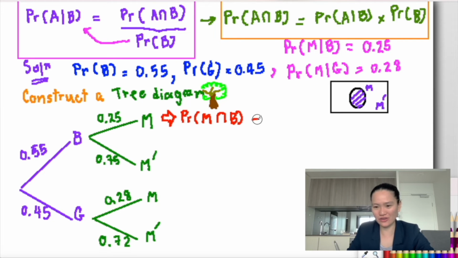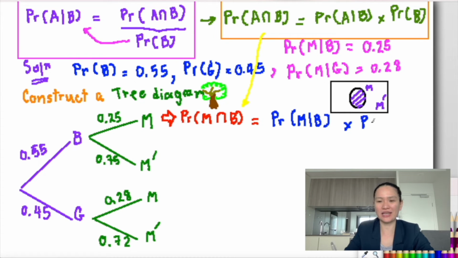Can you see we're going to apply this formula here. So that means it equals, let me write it down for you super quick. Probability of prefer math given boy, times probability of boy.